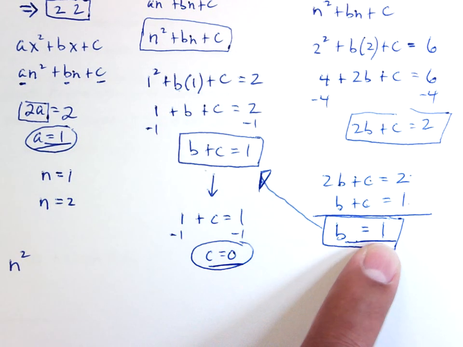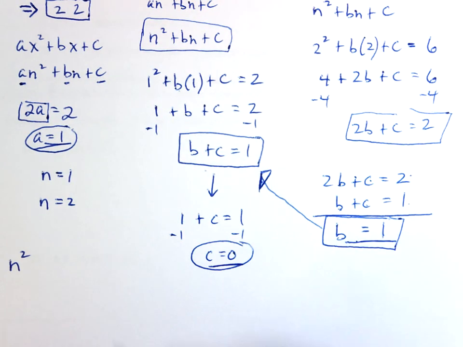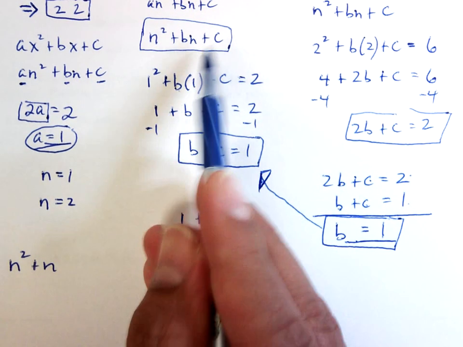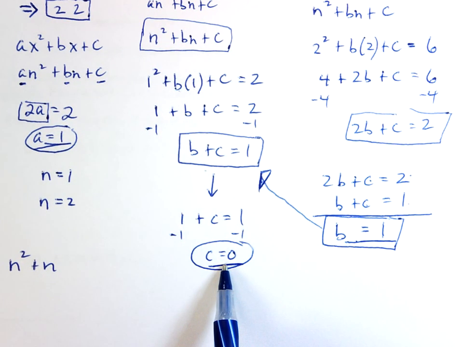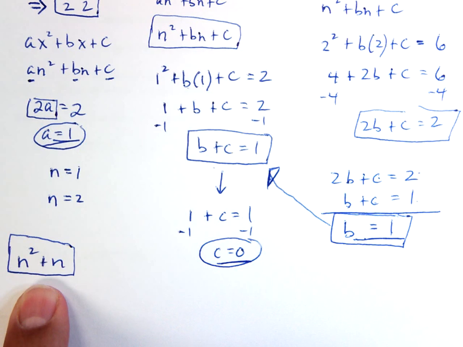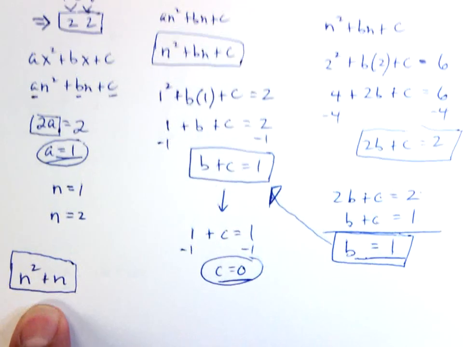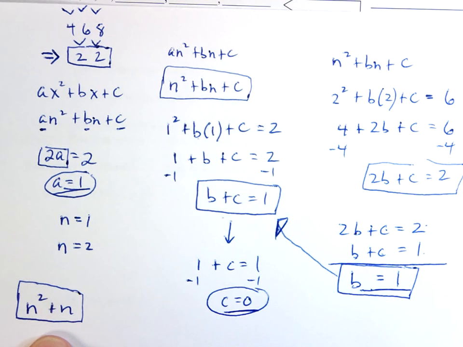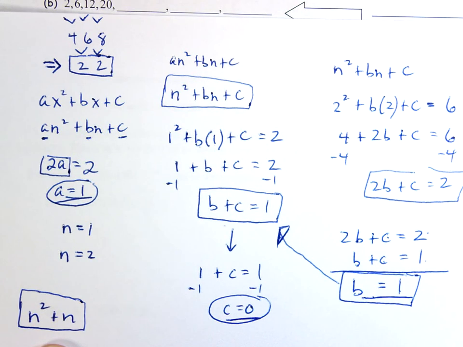But again, b is just 1, so I'm just going to put plus n plus c, but in this case c is 0, so I really don't need to write it. So there's my rule, n squared plus n. And I can check it by going back into my first series.